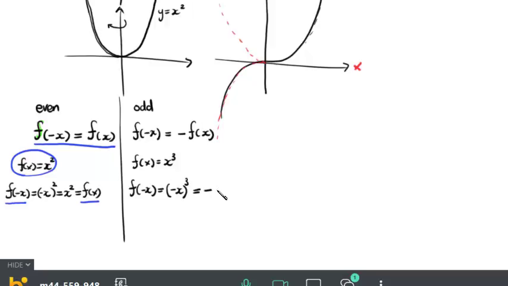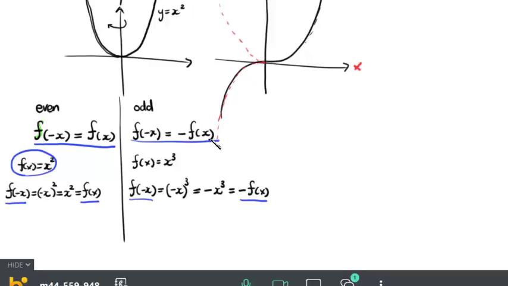So it's negative of x to the power of 3, and x to the power of 3 is the original function. So we can replace that with negative f of x, and we can definitely see that this is satisfying the odd condition, right?